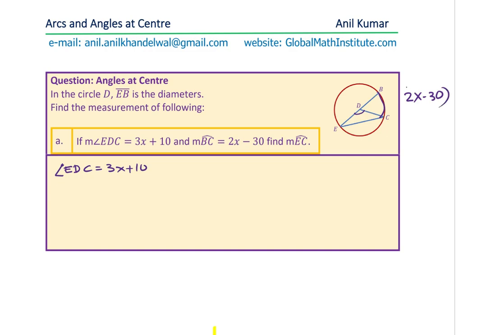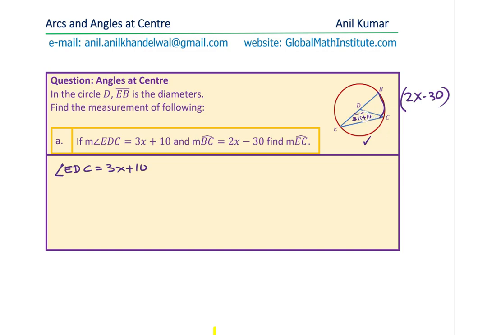So that is the arc BC, and the angle here is 3x plus 10. These two things are given to us. We need to find measurement of arc EC. To find this, we have to find the value of x itself. You get the idea, right? So how do we figure this out?